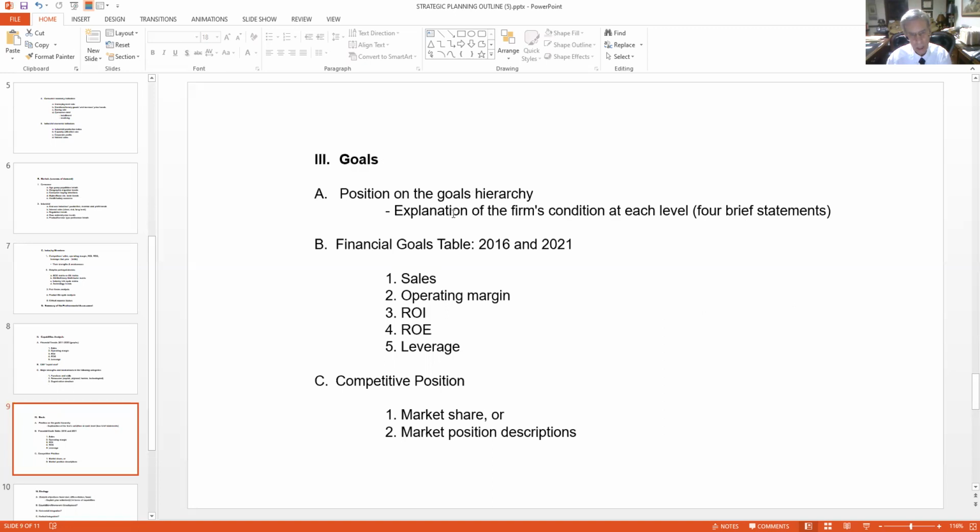You can just add the data that are required for the financial goals into this table, and you can get those from the data sheets that I'm going to send you with a little work, but essentially you can just load that table and it will do the calculations for you.